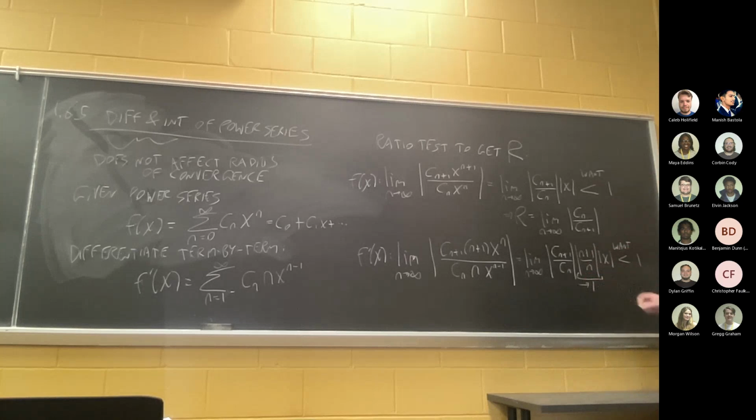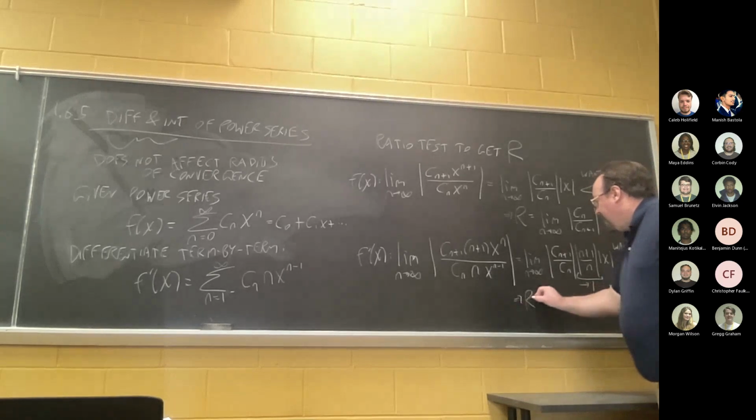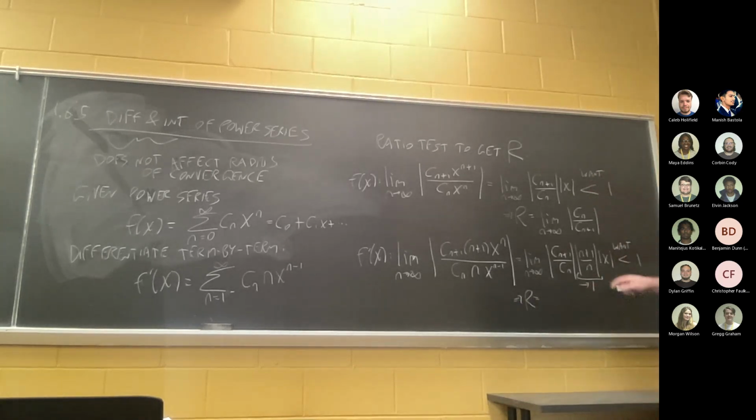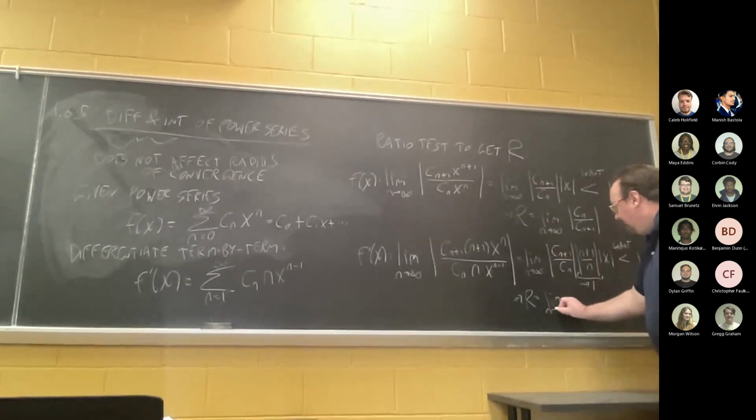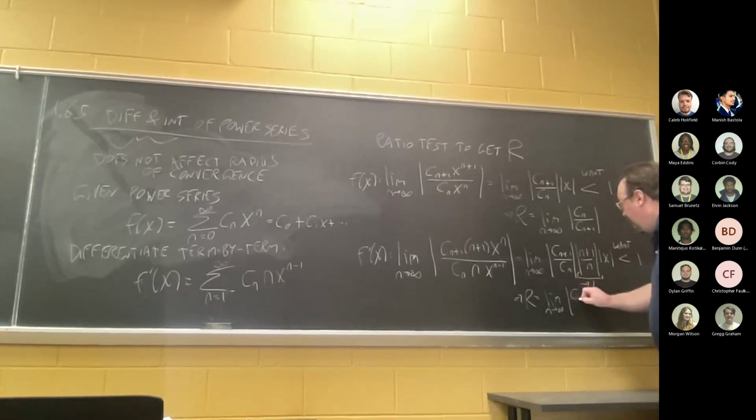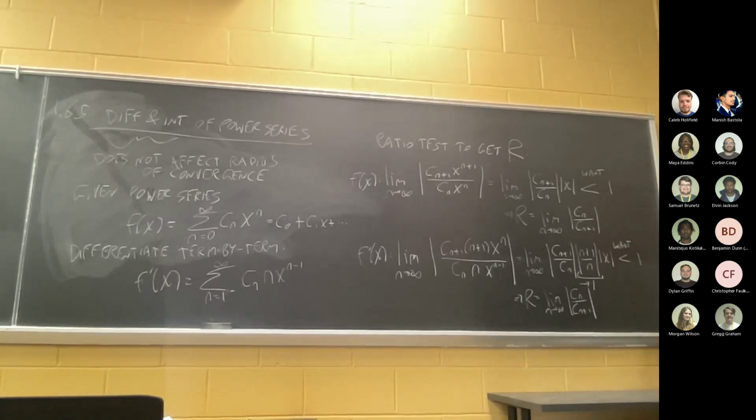So this goes to 1. So the radius turns out to be the limit of 1 over this, assuming that limit exists. It's exactly the same.